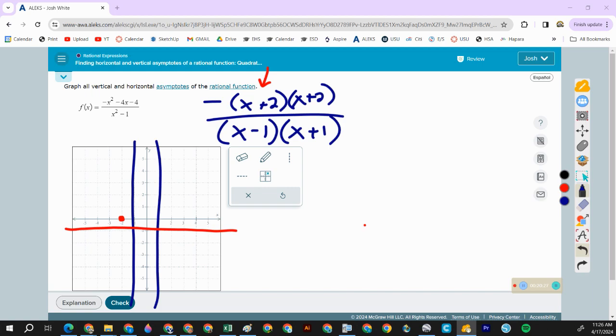And then what does this tell me? The y-intercept is 4. Okay. All right. So, ooh, this is tricky. Where are we going to graph this?